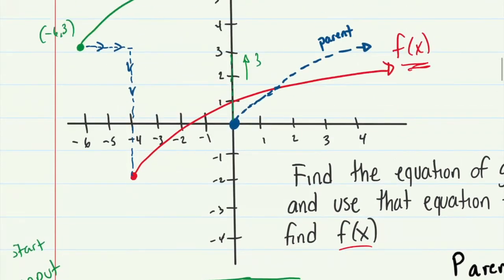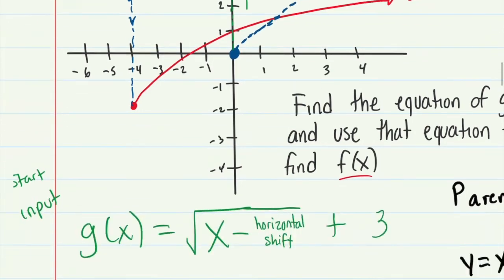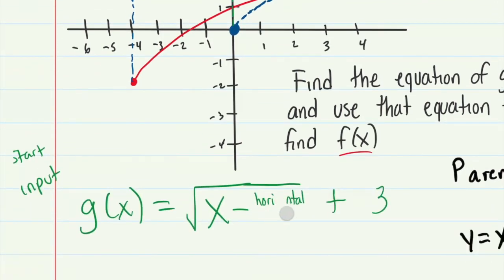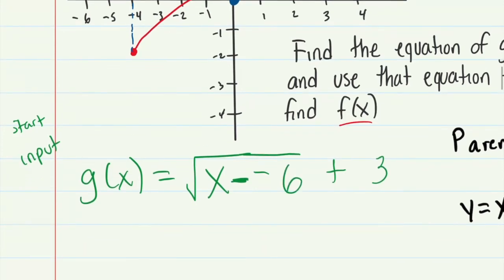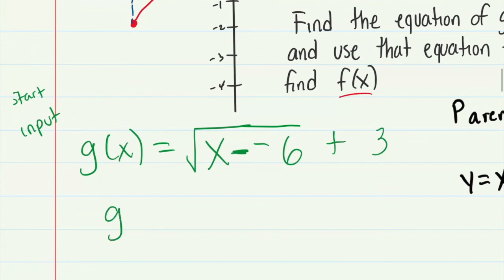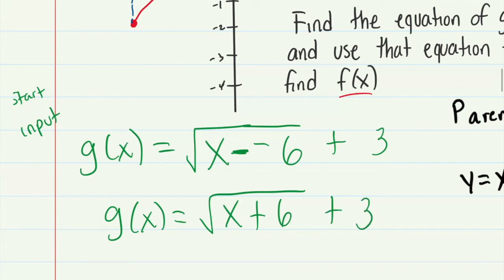Now, we want to move how many to the left? If I was at 0 and I go to negative 6, I went 6 left. Remember, the minus is already there with the formula. So in reality, my equation for g is the square root of x plus 6, plus 3.